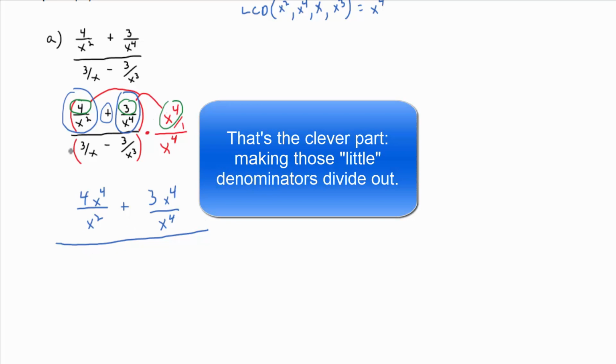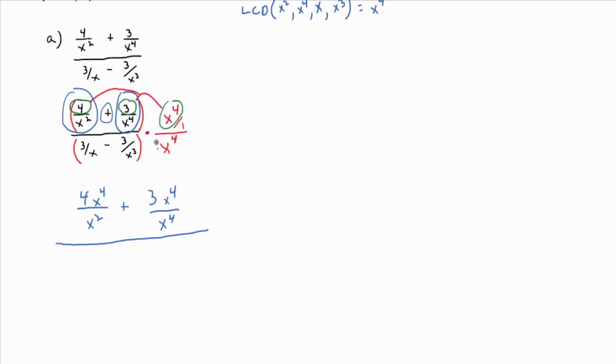Can you tell me what we'd get in the denominator when we distribute x to the 4th here and here? It lands in both little numerators, so you get 3 x to the 4th over x minus 3 x to the 4th over x cubed. Stare at that. I don't want to move on until you understand what I just did. We're going to simplify in the next step. Everybody see what I did?